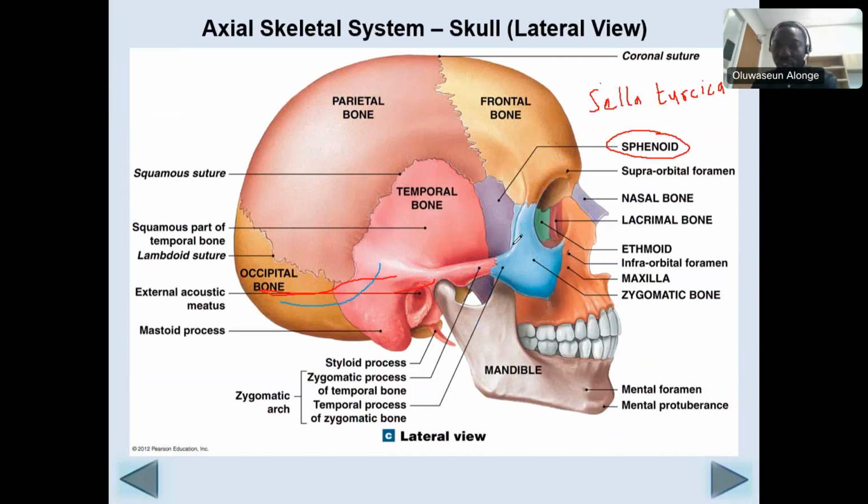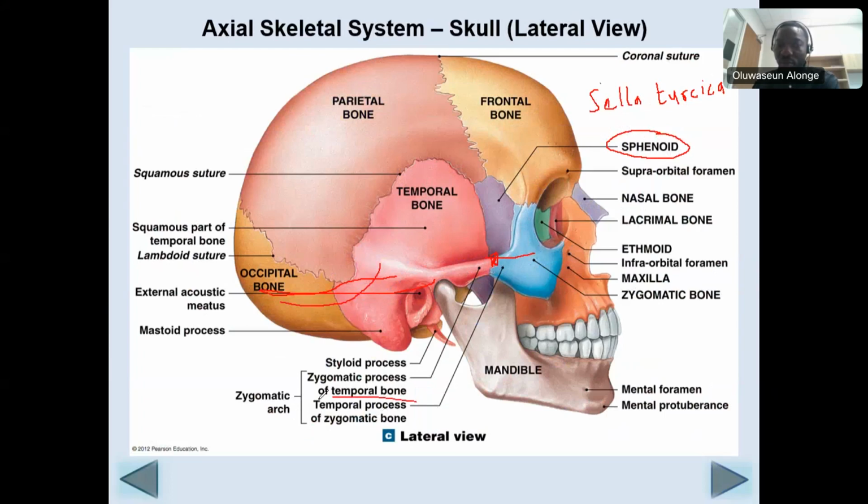Now, processes, like I told you in the previous chapter, mean projections, right? So when you say process, it means projection. So this is a process on this zygomatic bone that connects with the temporal bone. So we call it the temporal process of the zygomatic bone right here.